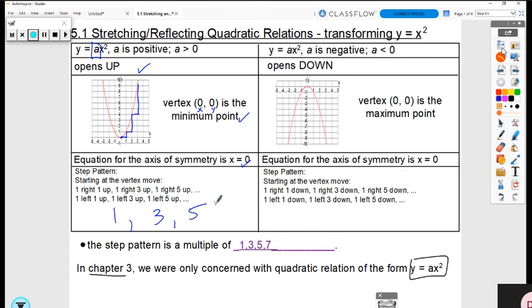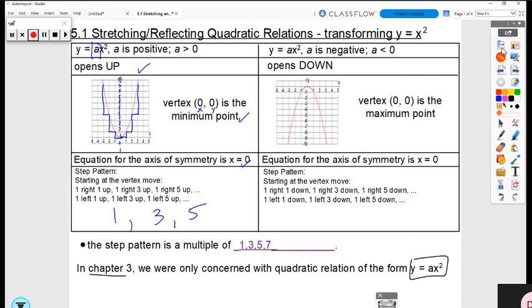And because parabolas are symmetrical, that same pattern existed on the other side, right? Left 1, up 3, up 5, and that's always what happens. Now, a lot of the times I'm only going to work on one side of the parabola because these things are symmetrical, and what you see on one side is literally the spitting image on the other side.